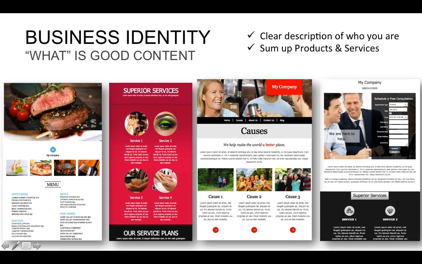Now, this is a screenshot from a salon, and they did a similar thing where instead of just saying our company provides 4 different services and then writing a paragraph about all of the services, they actually visually separated their services in 4 different quadrants here, using an image to capture the attention, a title to describe it, and then a description of what that service is, right?